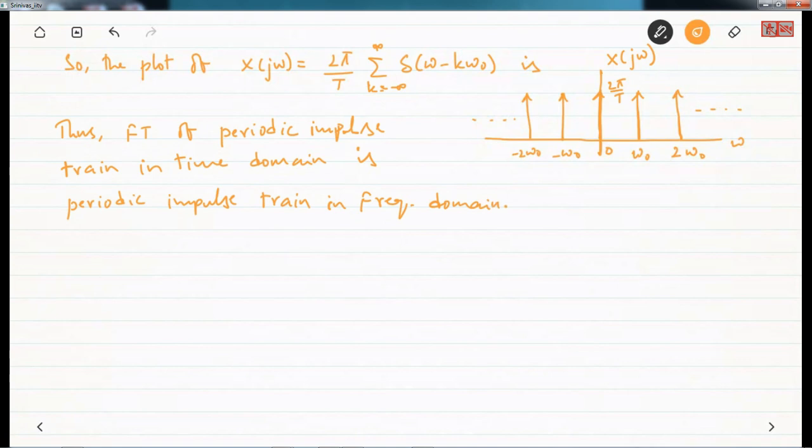So if we take a periodic train of impulses in the time domain and do the Fourier transform, we get another set of impulses in the frequency domain.